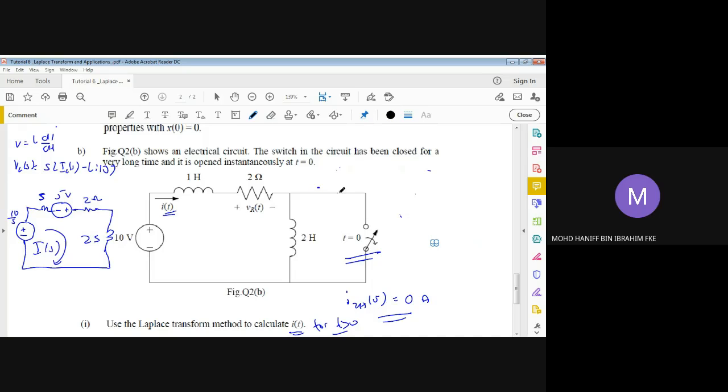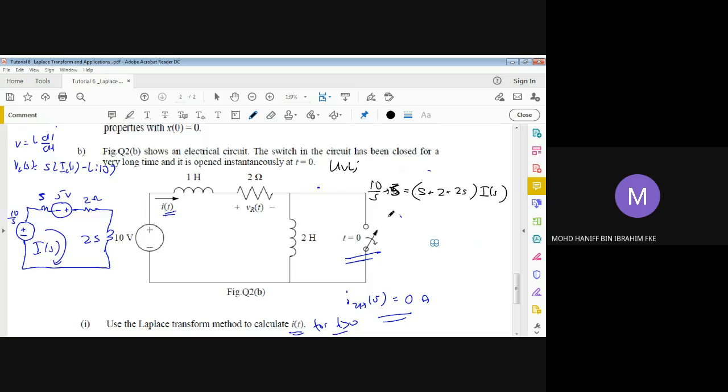So we can then use the KVL, Kirchhoff's voltage law. The equation for this S domain circuit will be 10 over S, the voltage source, plus 5 volt, the voltage source for the 1 Henry inductor, equals S plus 2 plus 2S multiplied with the IS current.